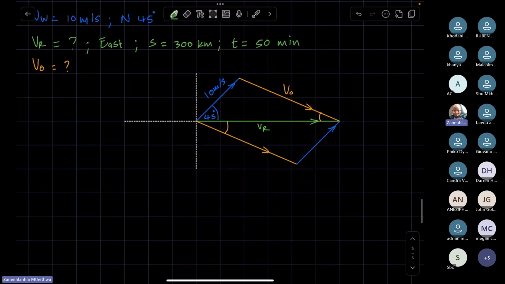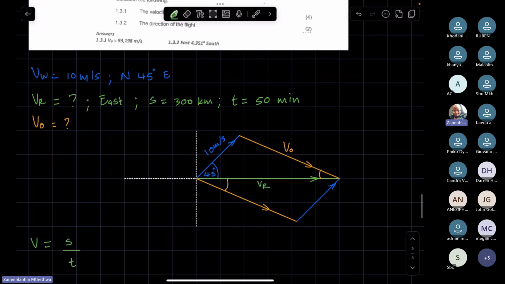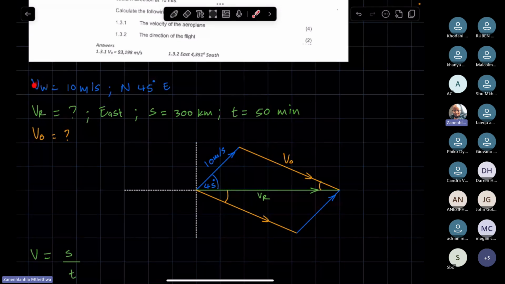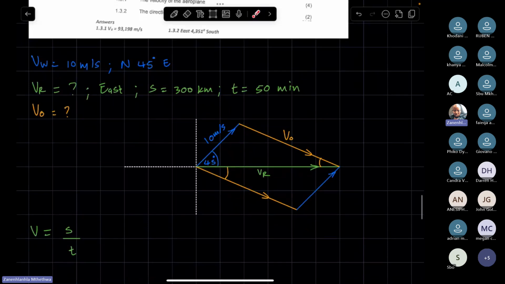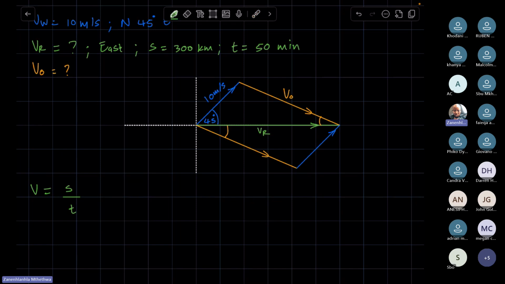How do you calculate VR? V is equal to S over T, displacement over time. Now remember, the only vector of which we have the magnitude is expressed in terms of meters per second. So any and all vectors have to be expressed in meters per second. That is to say, we have to convert the kilometers to meters.